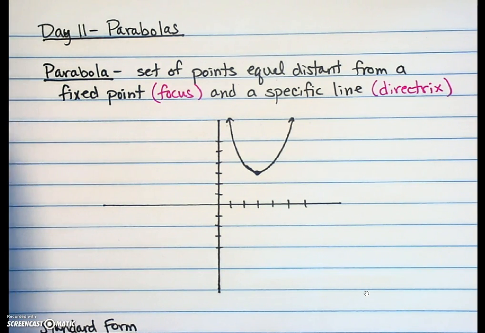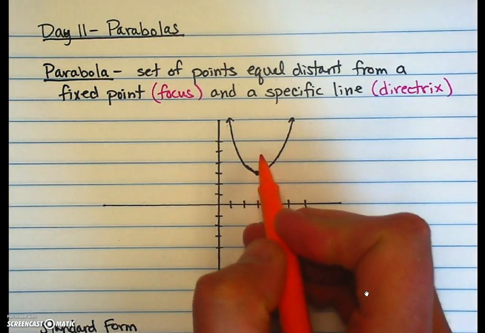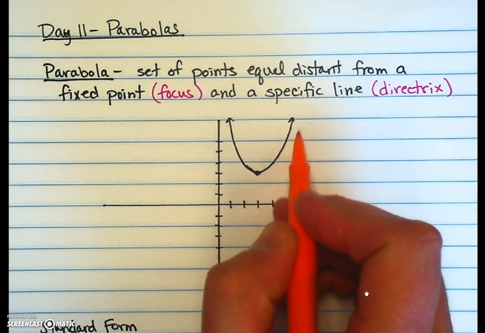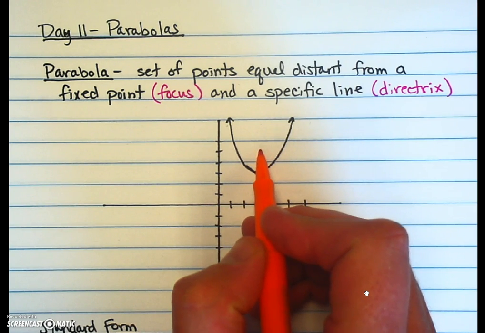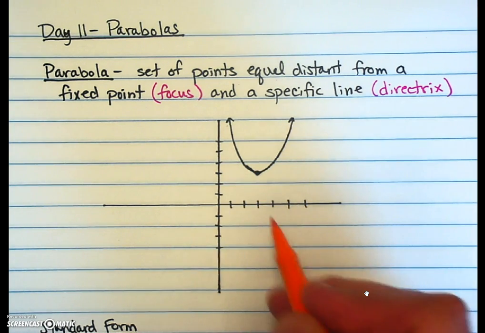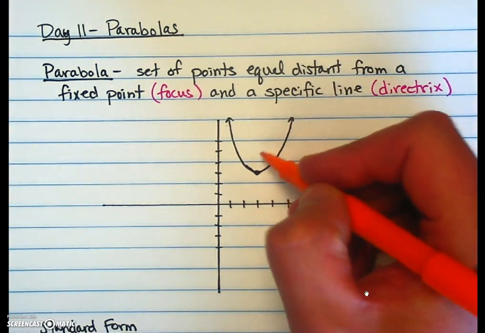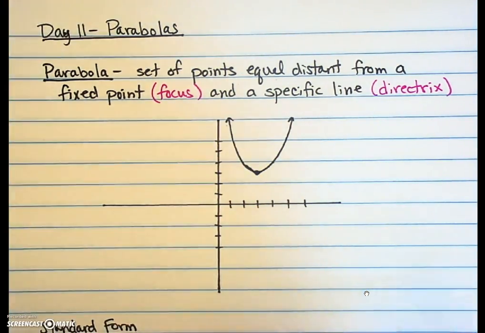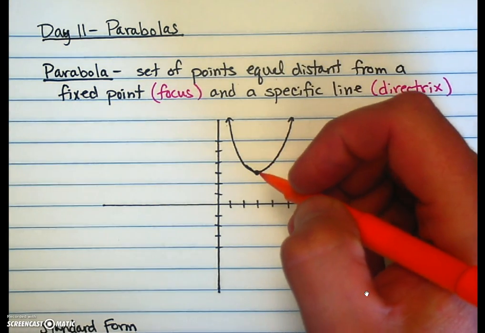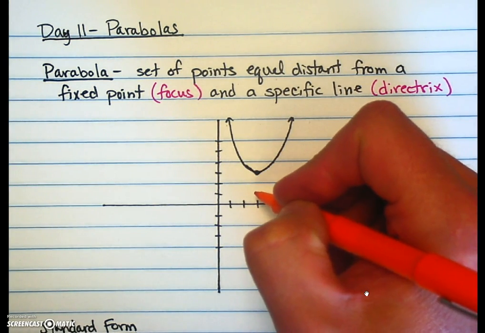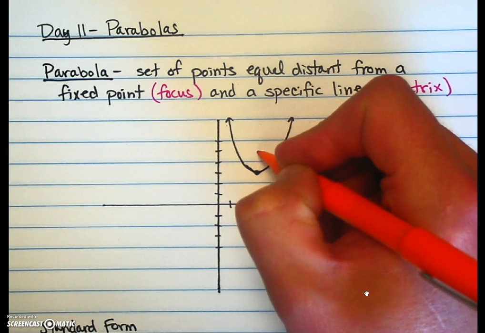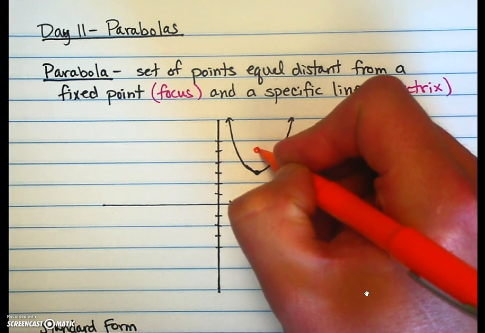The focus point, when you start looking at these, is going to be inside of your parabola. So if your parabola is opening up, then your focus point is going to be above the vertex. If my parabola was opening down, my focus point would be below my vertex, but it's going to be inside of the parabola. So let's just say, for example, here that I had a focus point that was sitting right here.